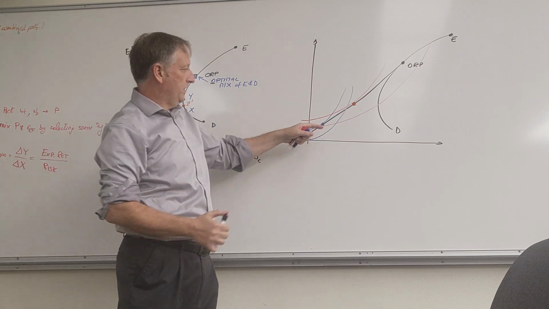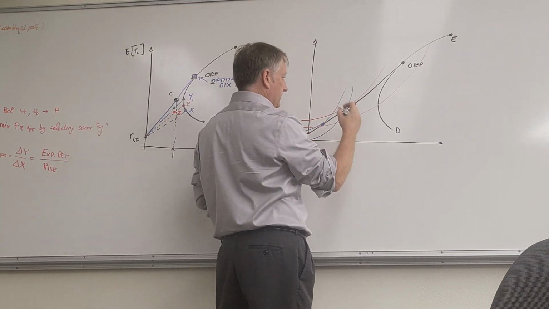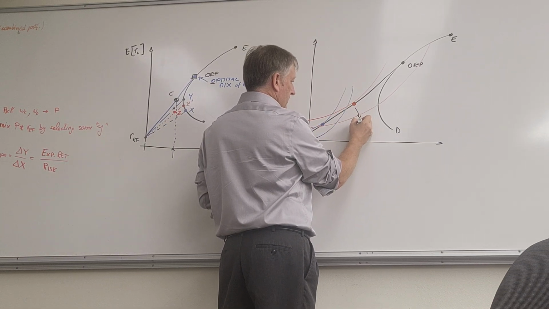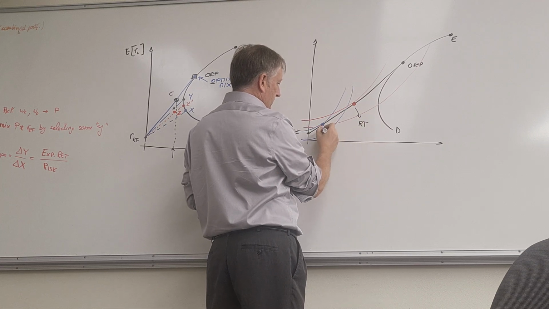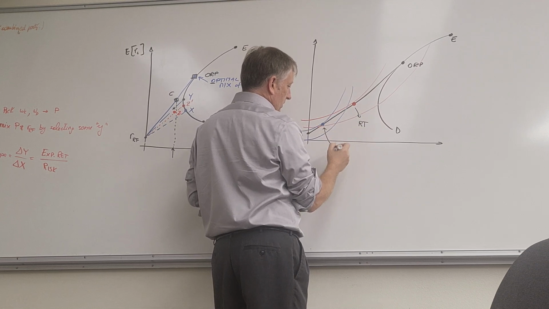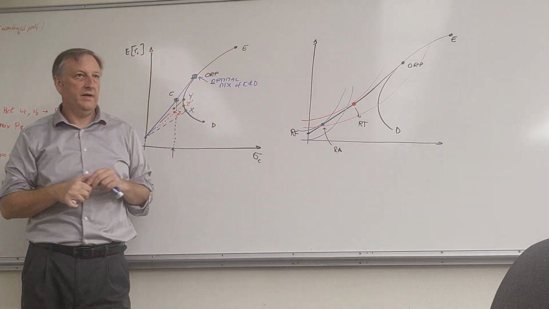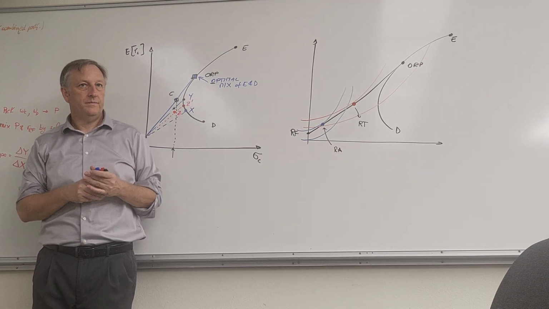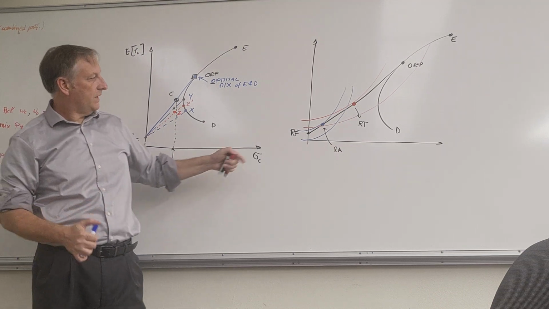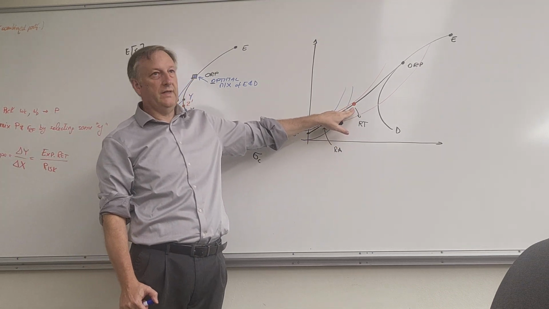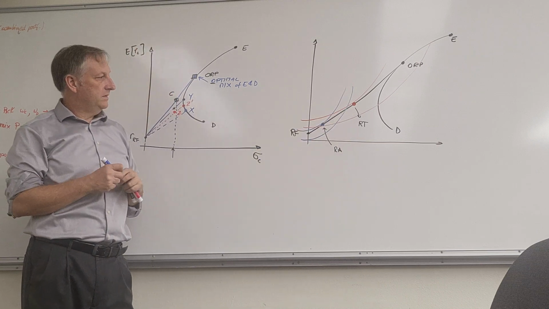What's in common between the two portfolios? Let's call this the risk tolerant, and let's call this the risk averse. What's the difference between RT and RA? How do you construct this portfolio? What do you need? More of the risky assets.